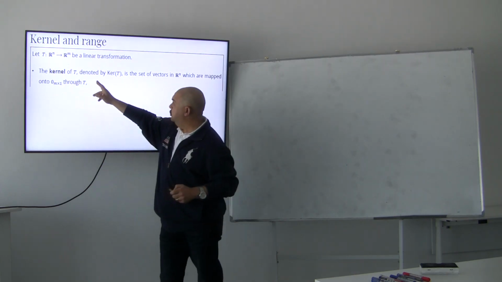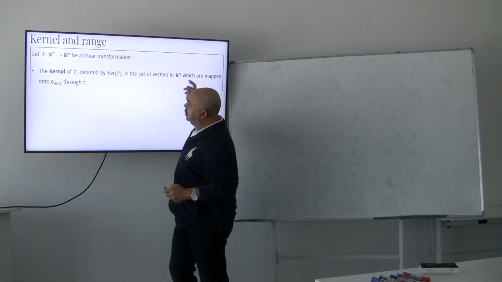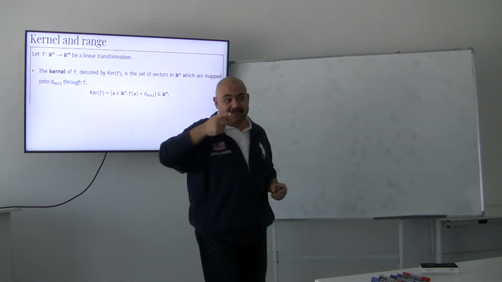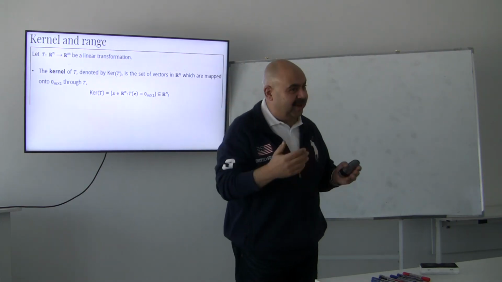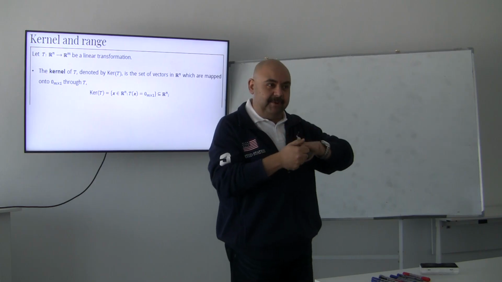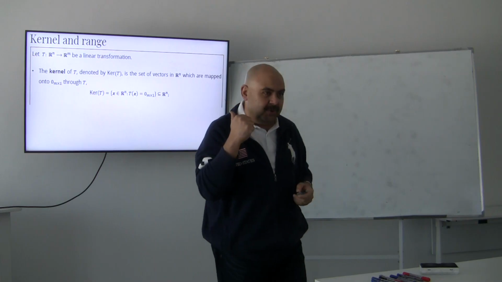So the kernel of the transform, denoted by Ker T, is the set of vectors in Rn which are mapped into zero. And this makes a reflection. If I have Ax equal to 0, this is what's called the null of A, yes? So here's the link between them. That link started from the linear transform.